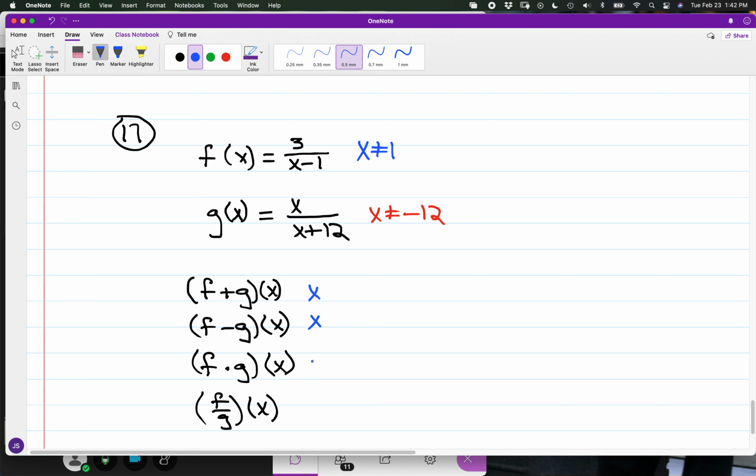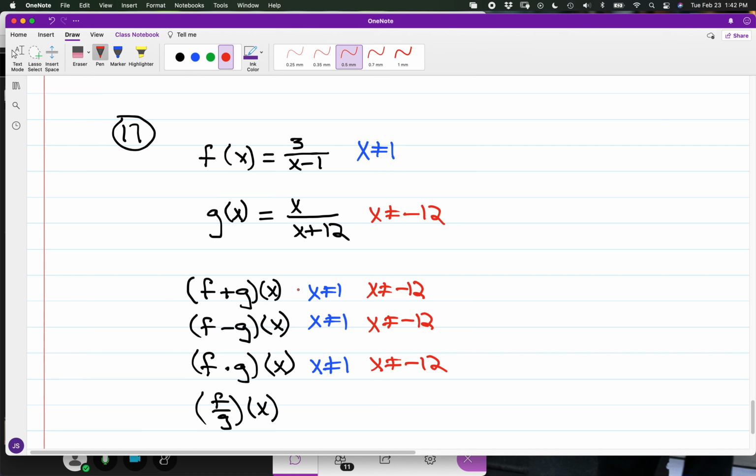Now for the sum, the difference, and the product functions, we're going to be looking at combining the restrictions. The sum, difference, and product functions have the exact same domain, and the domain is formed by considering the restrictions applied for the individual functions involved.